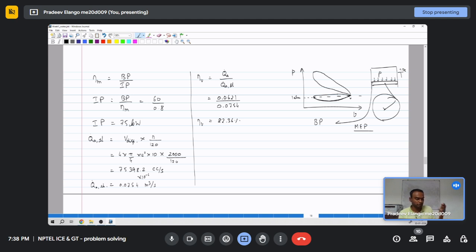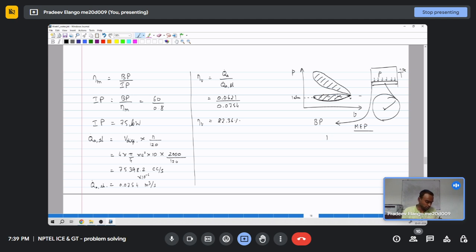That is, we are applying an average, effective pressure that gives the same effect as the varying pressure in an actual engine cycle. So this is called mean effective pressure.